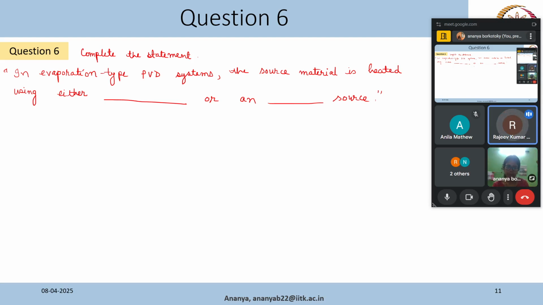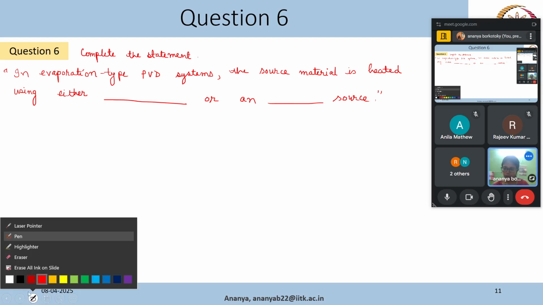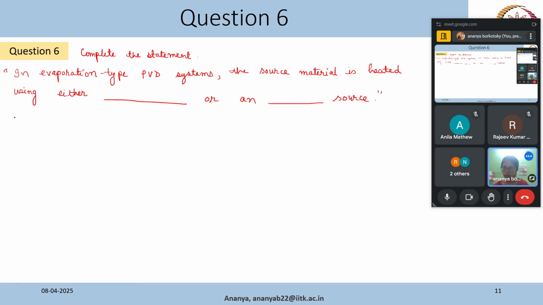So, ma'am, one is filament, other is e-beam. Yes, so it's a resistive element, we can say that, instead of a filament. Why am I saying resistive element?